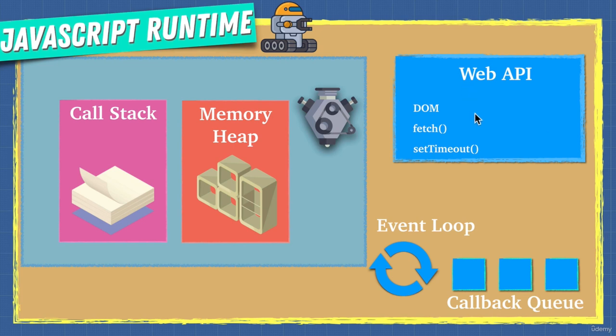These web APIs are applications which can do a variety of things like send HTTP requests, listen to DOM events, maybe click events on a DOM, delay execution using something like set timeout, or use set interval. It can even be used for caching or database storage on the browser.